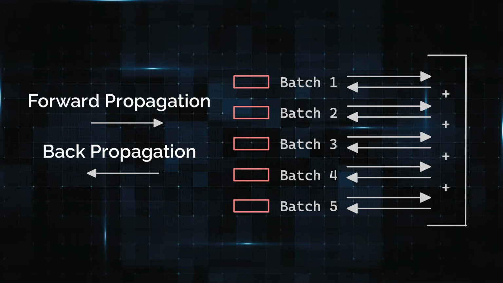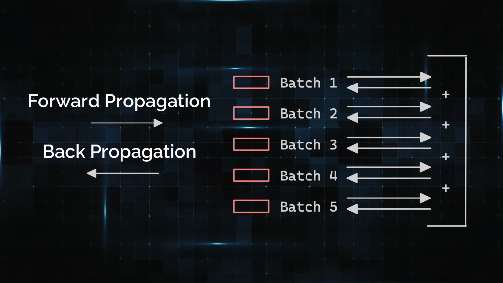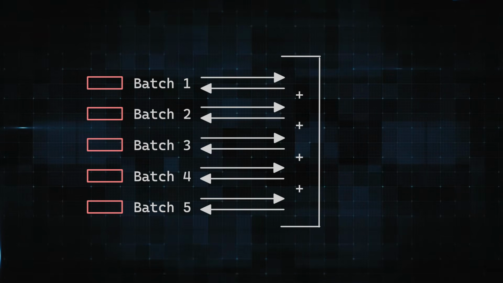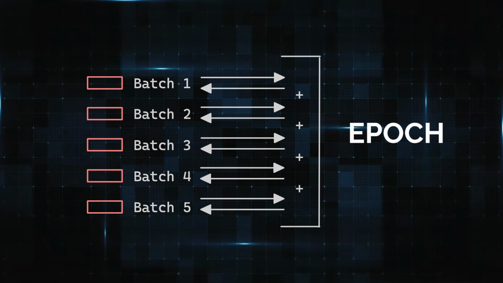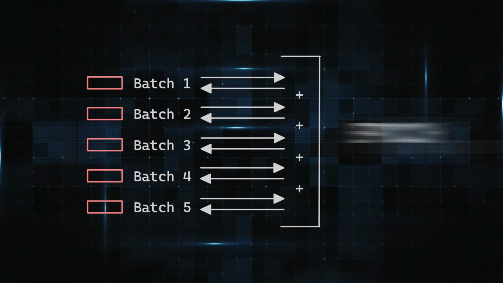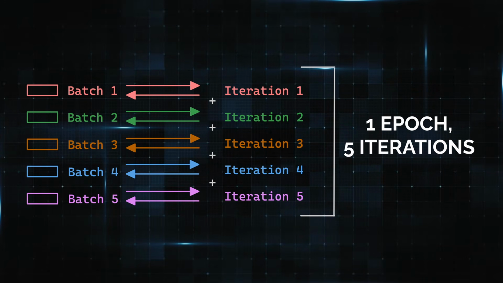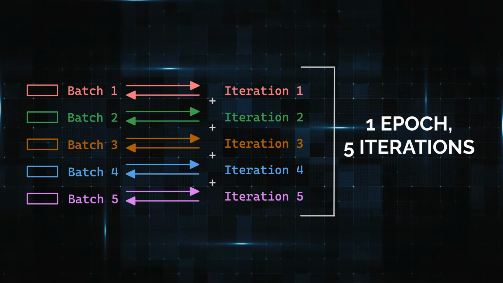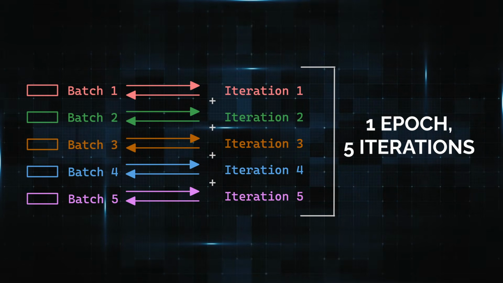Then it's going to take the second batch, forward and back propagate, until the last batch. The process of going through all of these batches is called an epoch. So this is what an epoch is. Different from the epoch, the iterations or steps refer to one update of the model's parameters.